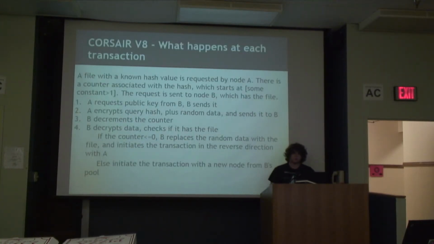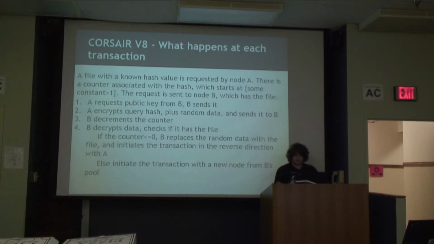So at each transaction, this is between a node and an adjacent node that it's communicating with within a route, there'll be a file with a known hash value that you're requesting by node A. There's some counter that's associated with the hash, and it starts at a constant that's going to be greater than 1. That's the number of hops that it has to take before it can be returned.